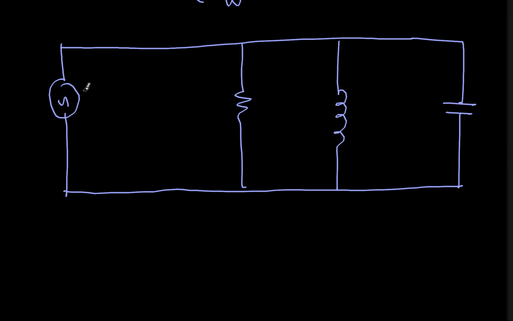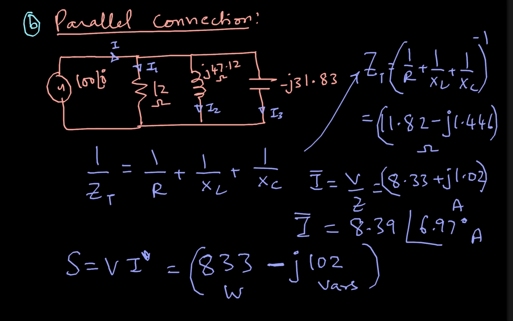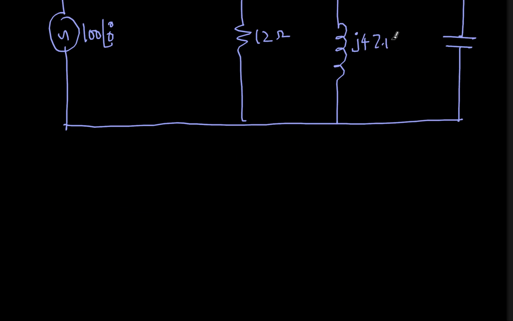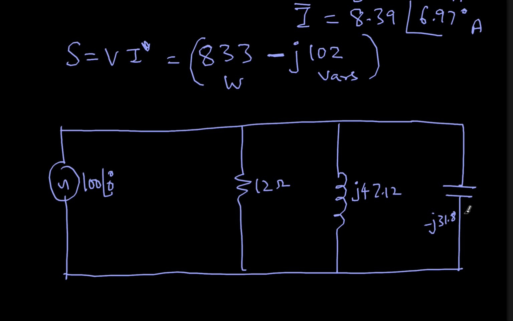The voltage applied is the same, 100 volts at an angle of 0 degrees, and this is 12 ohms, and this is J, how much was that? We basically completed the problem, but I'm just explaining further to make a new point. And this is minus J 31.83. So the impedances are given.